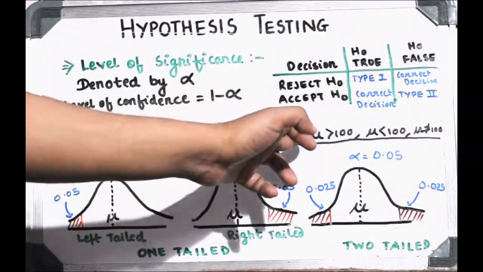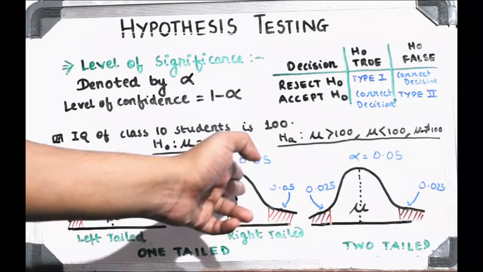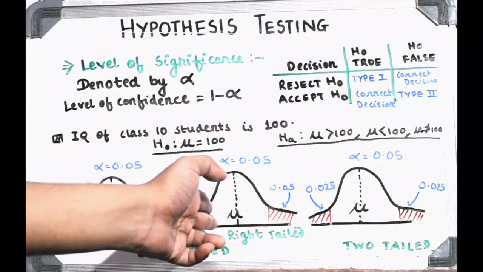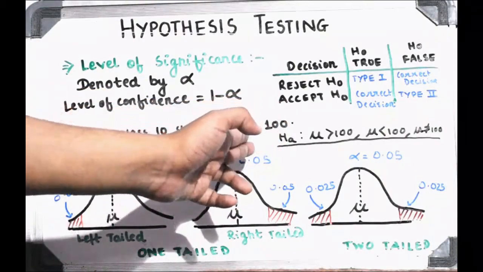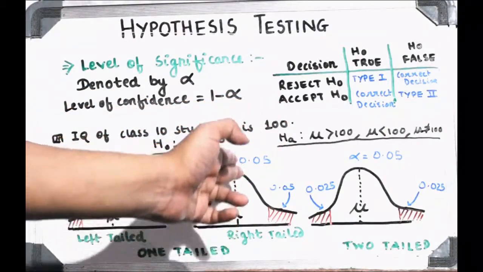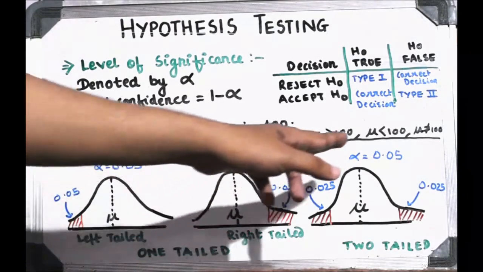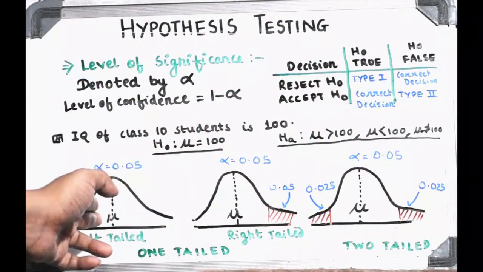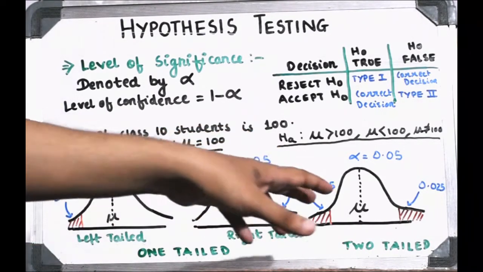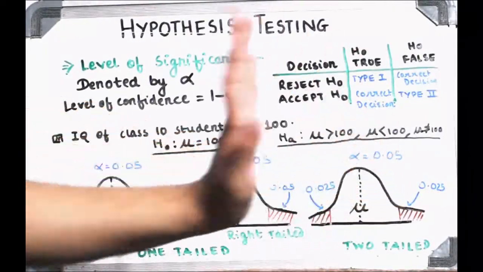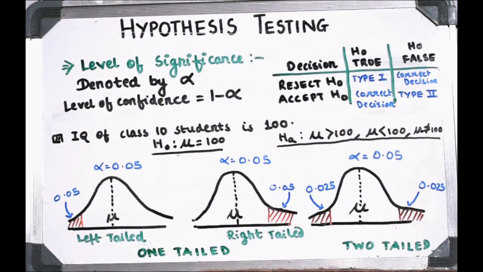If it is more than 100, it will be on the positive side, on the right side. So this alternative value lies somewhere right of the mean value. If it is less than 100, it lies on the left of the mean value. And if it is not equal to 100, it lies somewhere around here. It can be 80, it can be 90, it can be 101 also, but not 100.